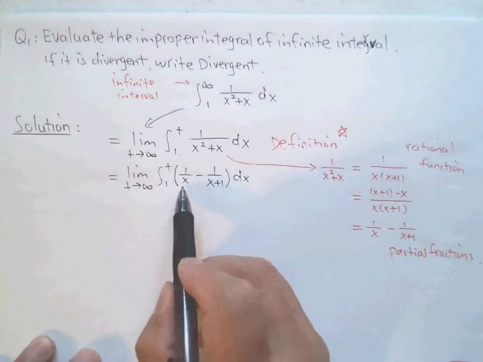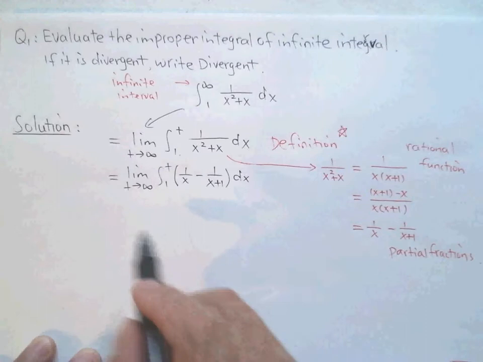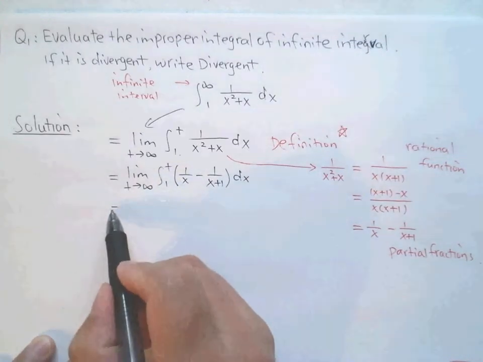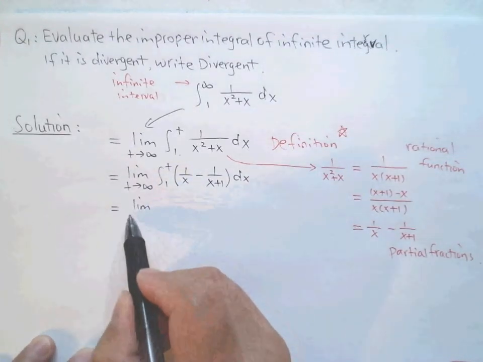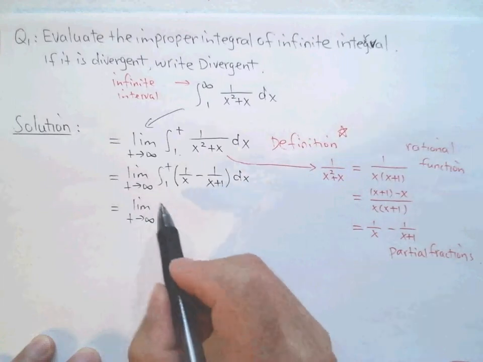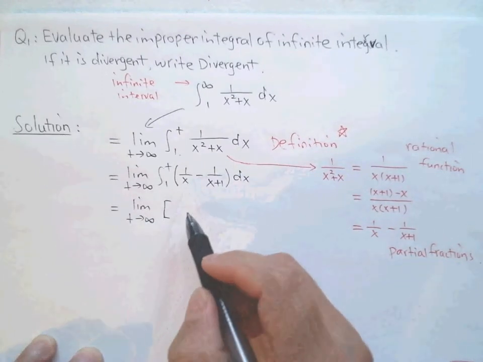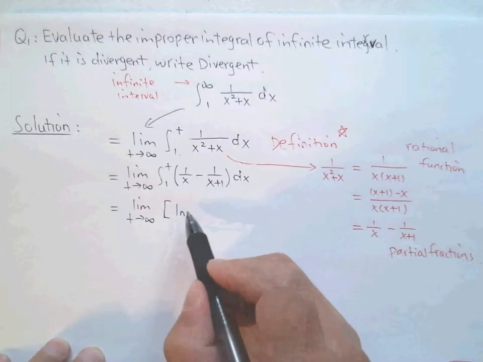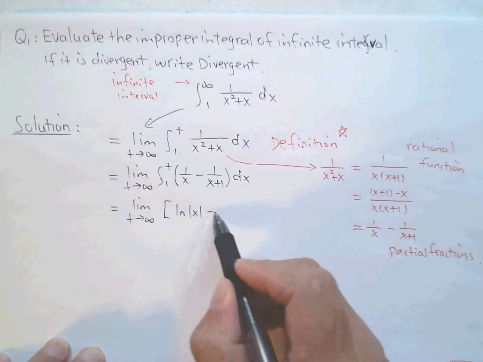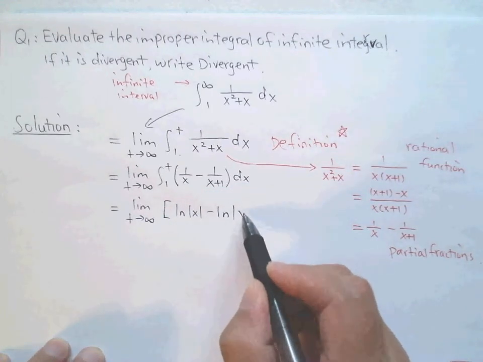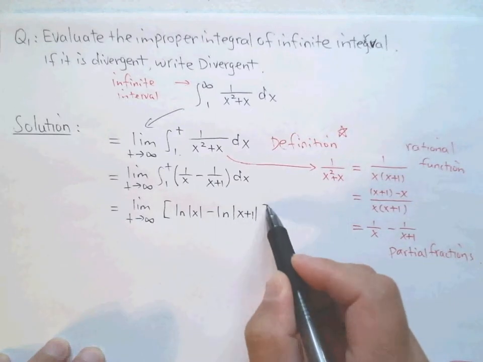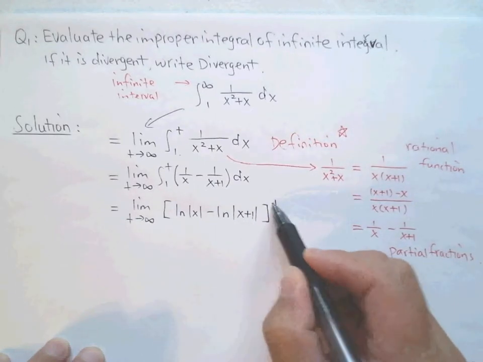This is ln, this is also ln, right? So we know the antiderivative. The first step we almost finished. We find the antiderivative and use the fundamental theorem: ln absolute value of x minus ln absolute value of x plus 1, from 1 to t.